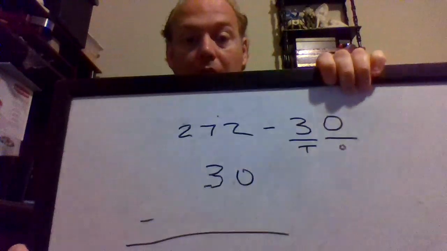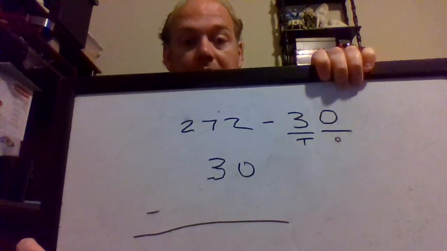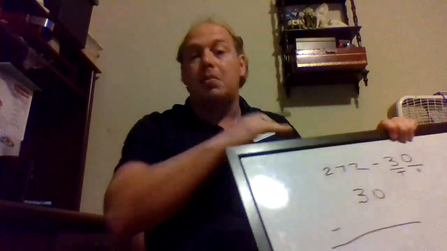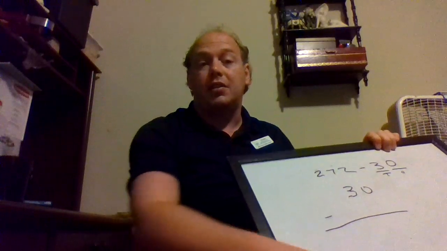And now, just for the sake of minimizing confusion, I'm going to erase the T and the O and the H. Like so. We've got it lined up perfectly, just like we need it to be.